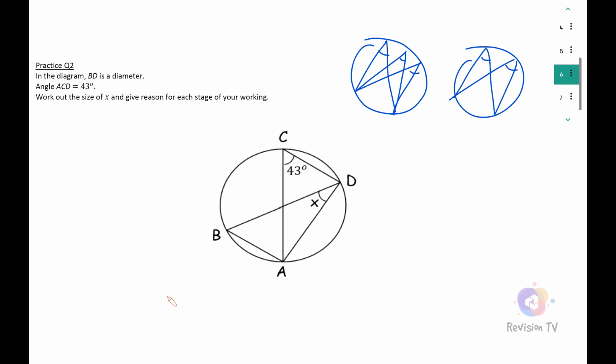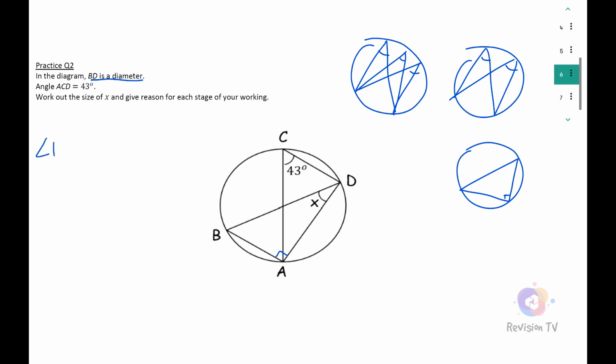Okay. What else? Well, don't miss out that BD's a diameter. There's only one circle theorem that involves a diameter, which is the one with the right angle. So BD's a diameter. In other words, that means we know angle BAD is going to be a right angle.